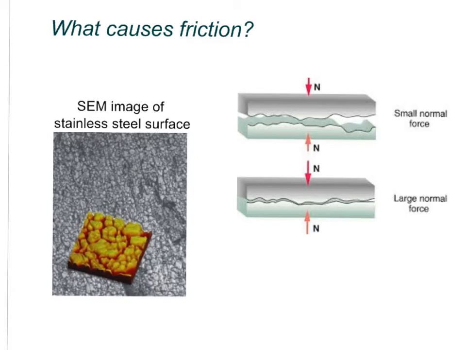If we were to take a piece of that, and here's kind of the idea of a cross section of a piece of something that we maybe think is smooth and something else on top of it, and put those surfaces together, friction is caused when there is sticking because those little bumps touch each other. If we put more force down between the two surfaces, we will also increase the force of friction between them.